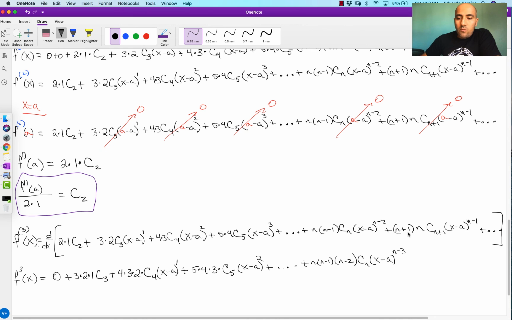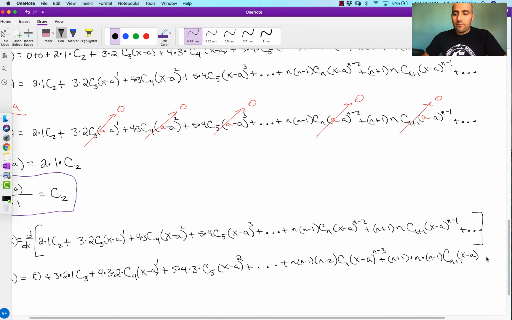Okay, so let's take one more, the one right next to it, plus this will be n plus 1 times n times, and now we bring that exponent out in front, so we'll end up with an n minus 1, and then c sub n plus 1, and then we have a term of x minus a to the power of n minus 2.